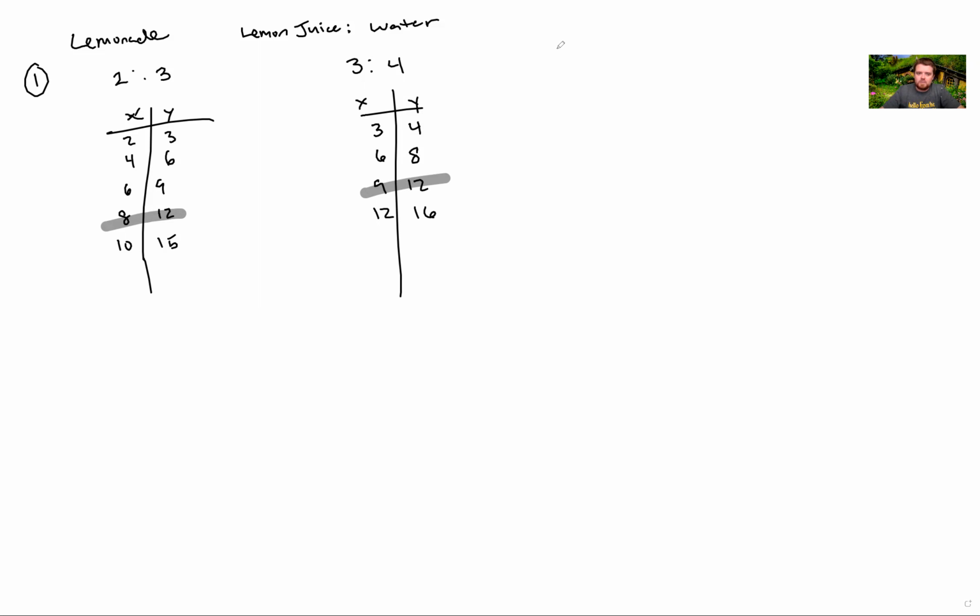So in the first example, 8 parts lemon juice to 12 parts water. In the second example, 9 parts lemon juice to 12 parts water. That means that the second ratio has the higher concentration. So on a multiple choice test, typically this is A or B, which one has the higher concentration.